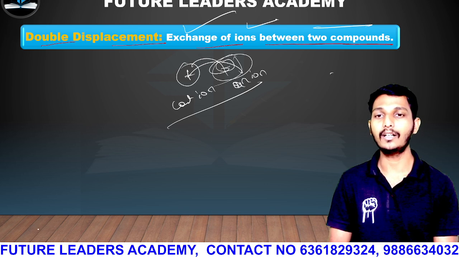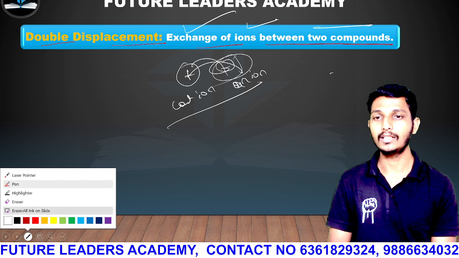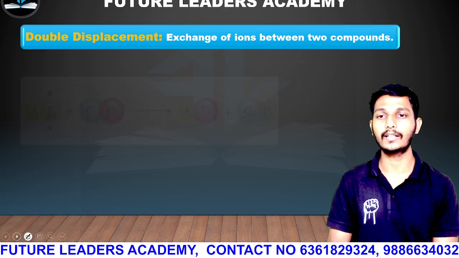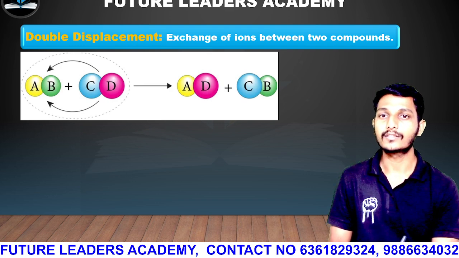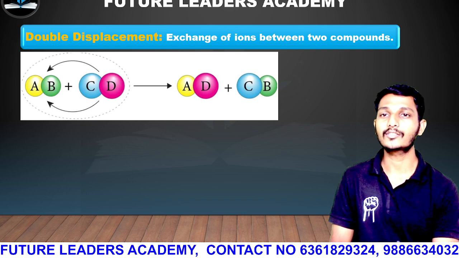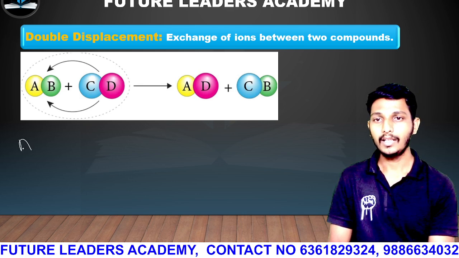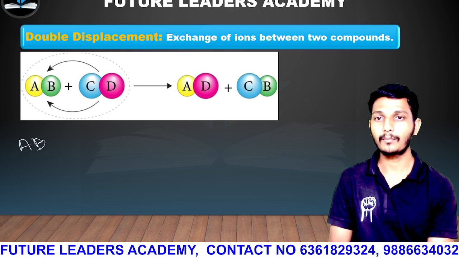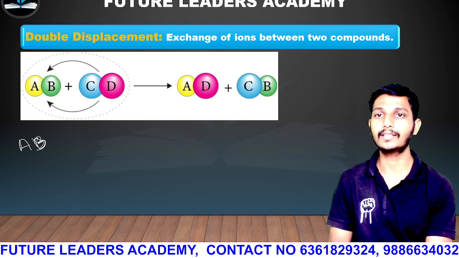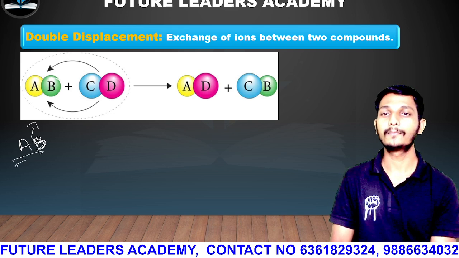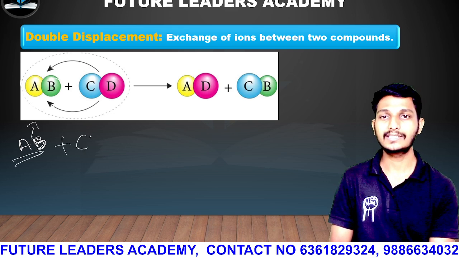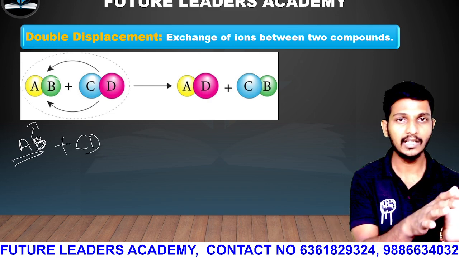The best example I'm giving you is in ABCD format. You will understand. Here there is an exchange between the ions. For example, AB is a compound, as given above. It is reacting with CD.